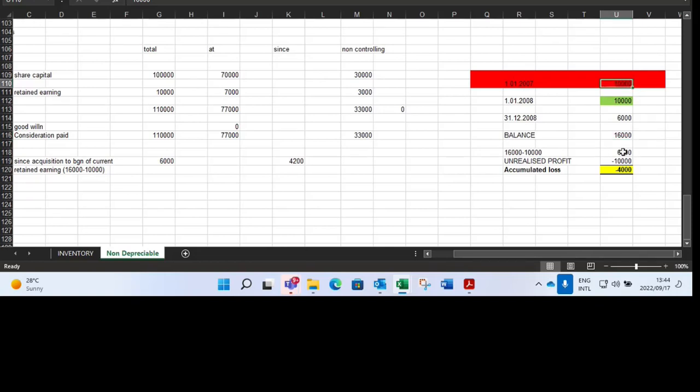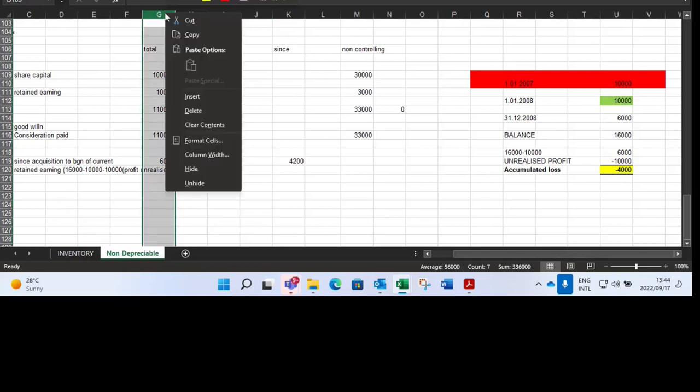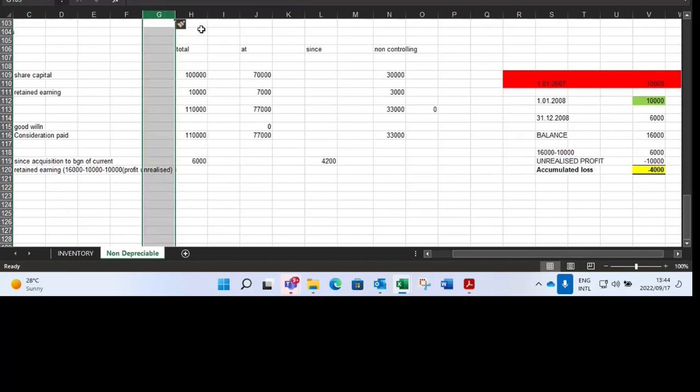Now you remain with 6,000. Out of the 6,000, you have to less the unrealized profit, because it is not yet realized, so it must be taken out. Then our accumulated loss here will be minus 4,000. So here we also have to less the 10,000 profit. So here we're going to have minus 4,000.